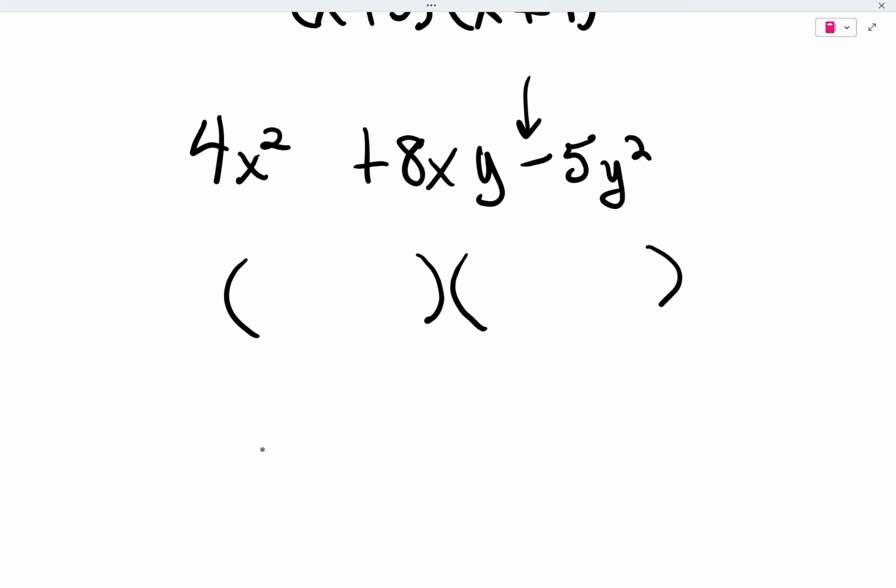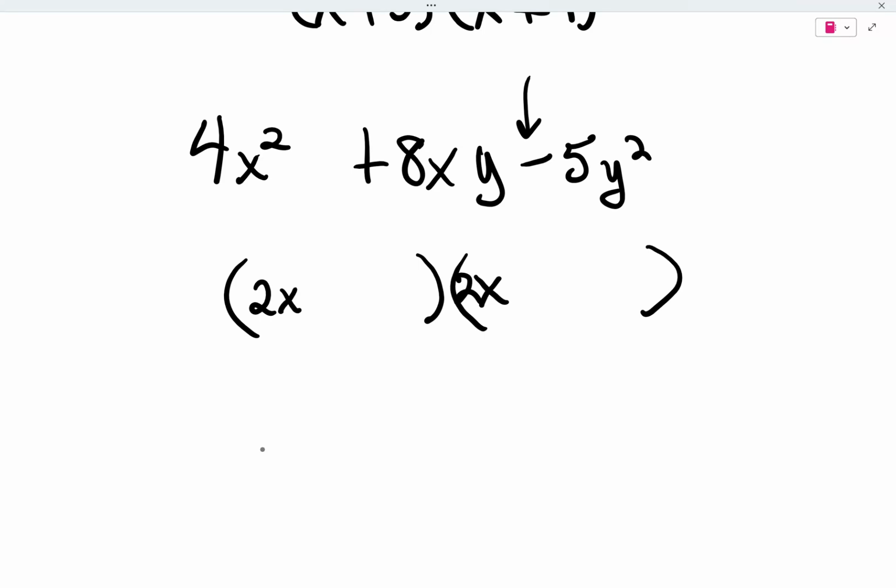So you're going to go with 2x and 2x. You said 5 and 1. Where am I putting the 5? It would be 2x times 2x, right? Where do you want the 5?